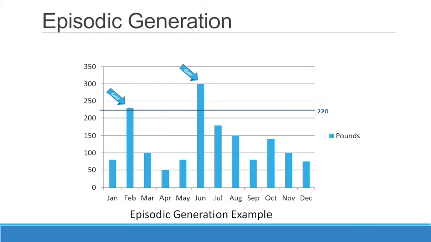So you can see in February, it looks like this generator went over by 10 pounds. And then in June, they went up to 300 pounds. So in those 2 instances, that generator would need to follow the SQG requirements if they were not eligible for an episodic event. Next slide, please, Marcy.